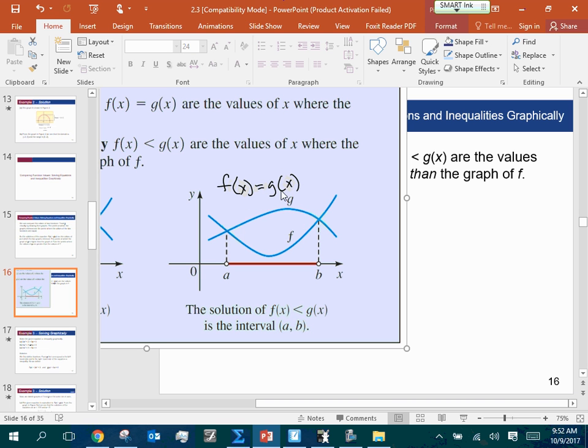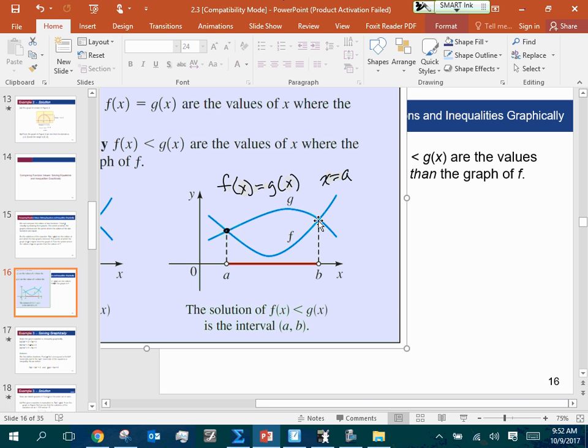A and B, right? When we're asked for solutions, we're always talking about x values or domain values that satisfy this condition. So we're looking for what x values give back a situation where the y values are equal. Here, at an x value of a, we get back an f of x equal to g of x, an output for f equal to the output for g.